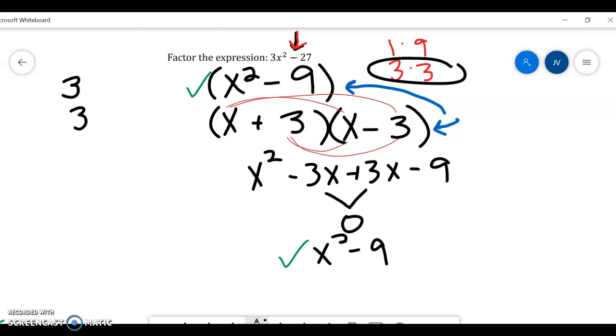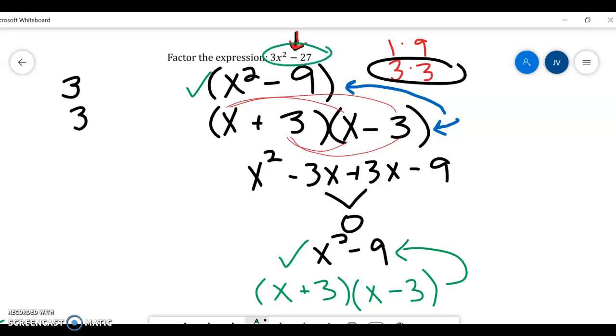We did that correctly. So we know that part of our answer is going to be x plus 3 and x minus 3. Okay, but when we multiply this out, we get this. But we need this.